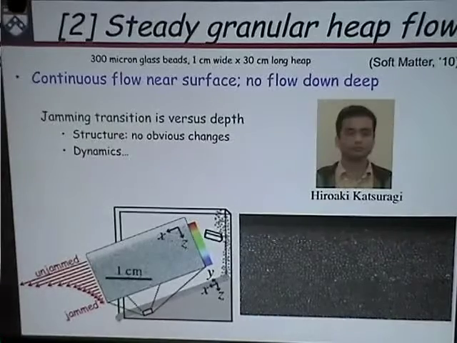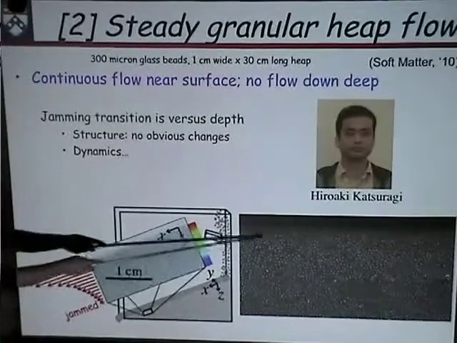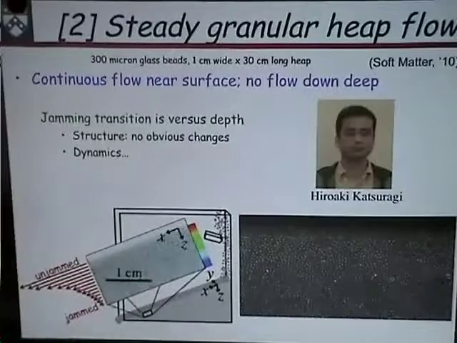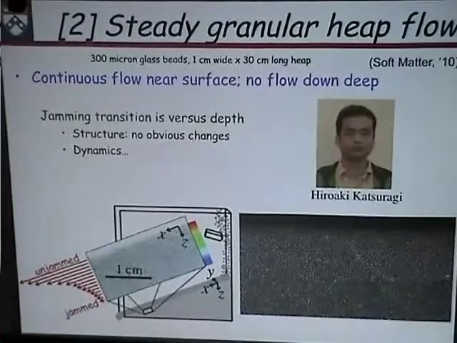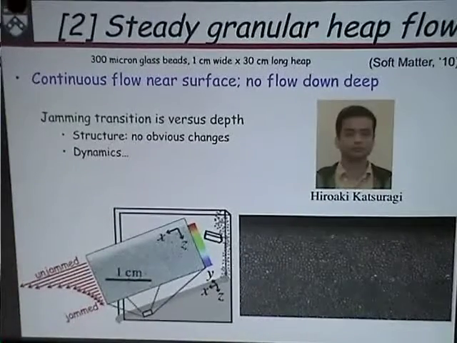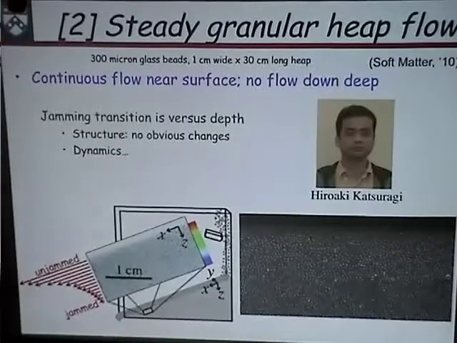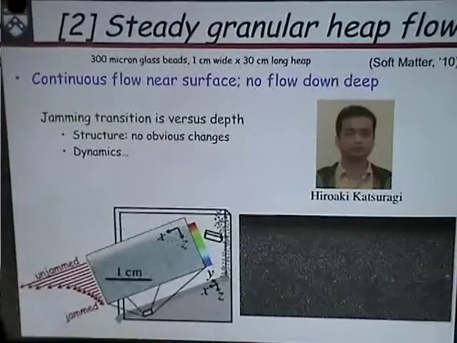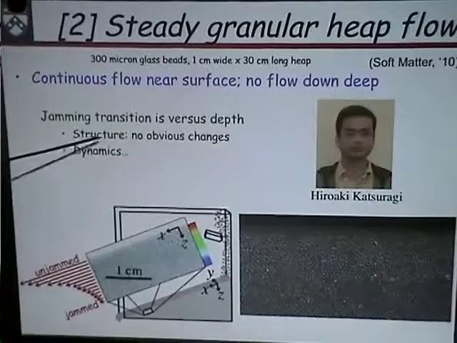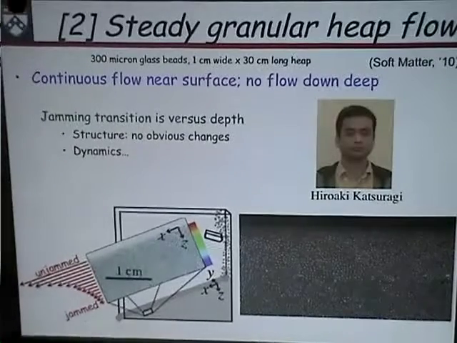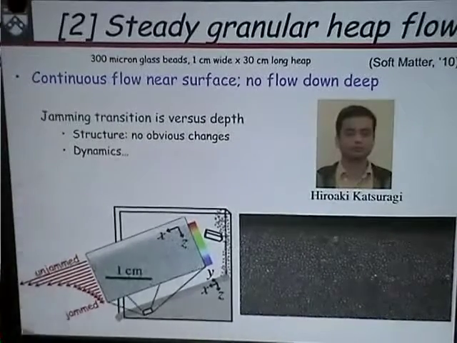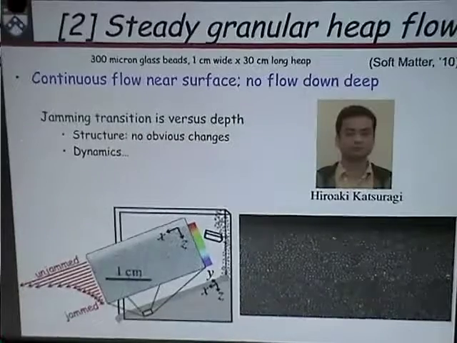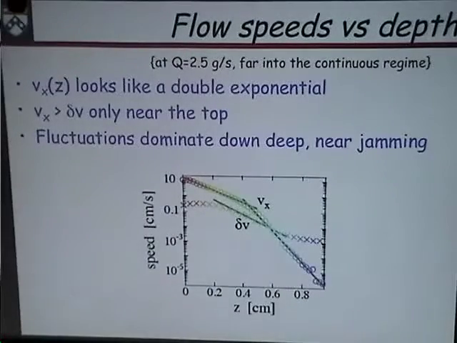But if you do the optics right, you can get some structure on the scale of the grains, and you can get the sense that it's flowing fast near the top and slower as you go deeper into the sample. As usual, there are no obvious changes in the structure, but there are changes in the dynamics as you go deeper.